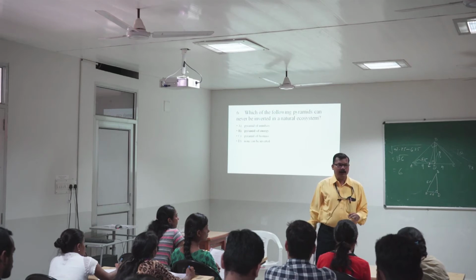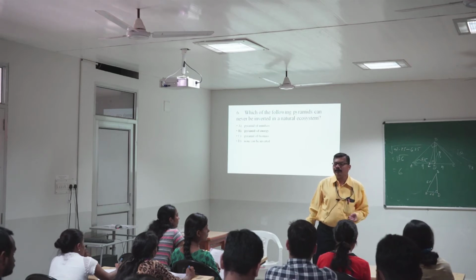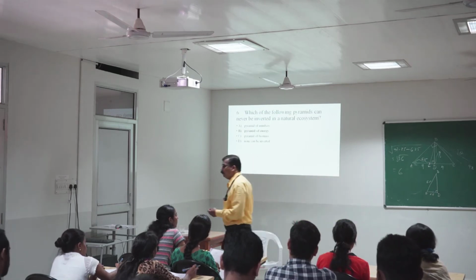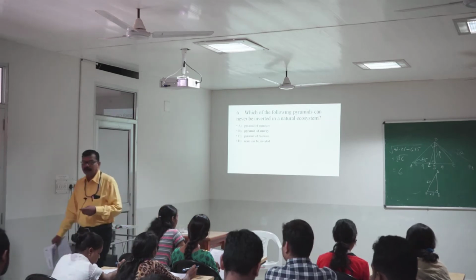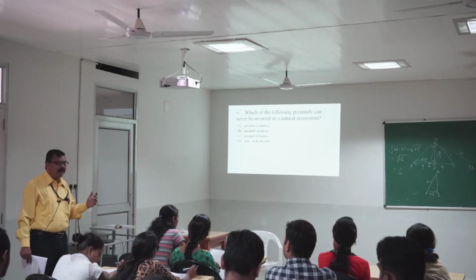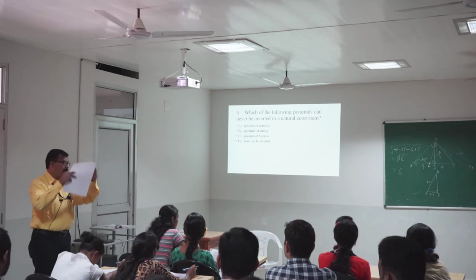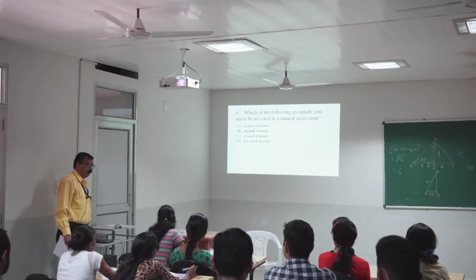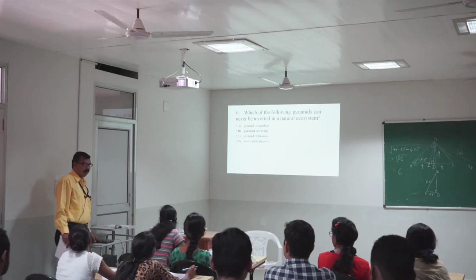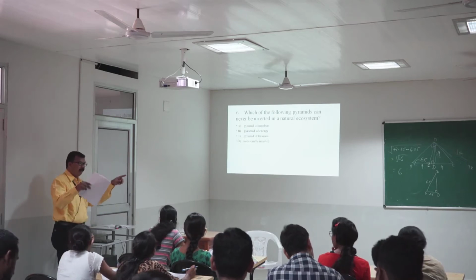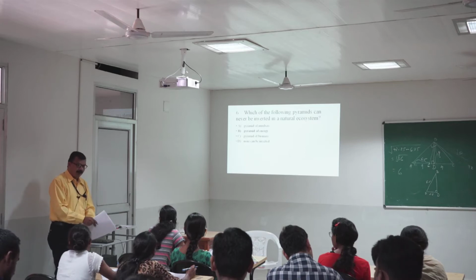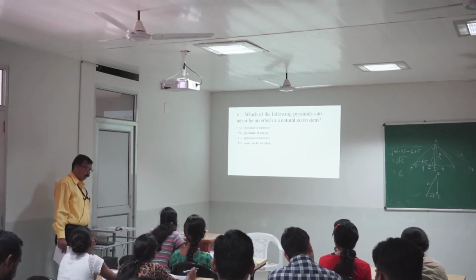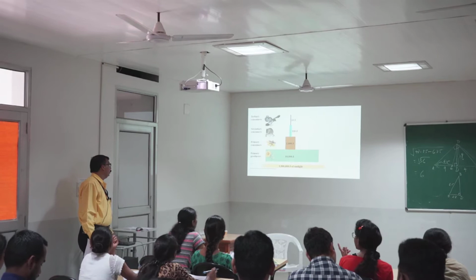So this is the typical shape of the other pyramids, pyramid of number and pyramid of biomass. But in case of the pyramid of energy, it remains like that only. In case of biomass, it may be inverted, particularly in aquatic ecosystems. Inverted pyramid means the base is larger and it tapers downward. This is mostly seen in aquatic ecosystems.